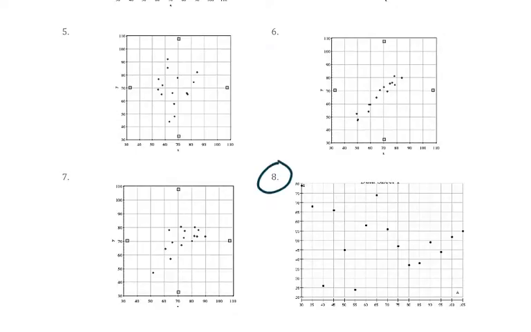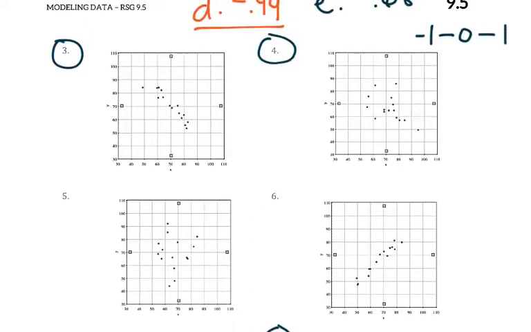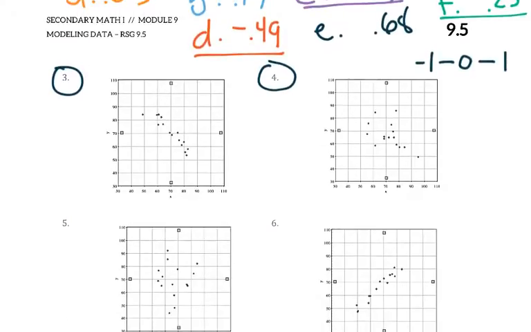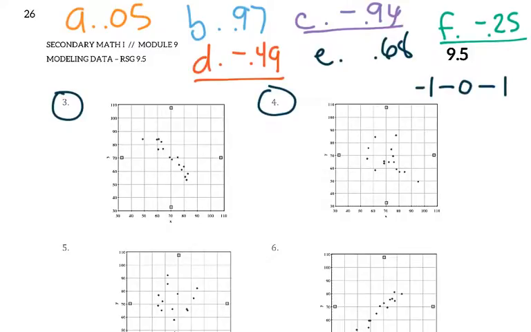This one looks fairly negative, as does this one. Out of those negative ones, the strongest looking one would be number 3, right? That would be C, our negative 0.94, because it's very close to a straight line. Negative 0.94 is close to negative 1.